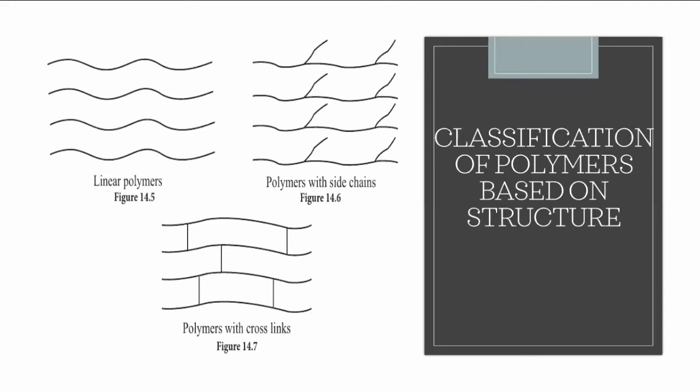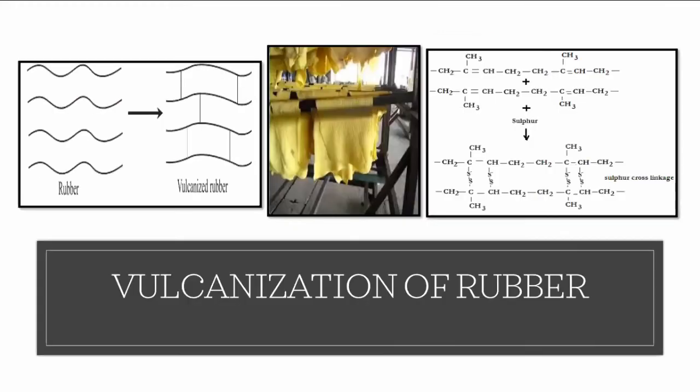Now let's look at a polymer with crosslinks. Rubber is naturally elastic, but certain applications of rubber require it to be hard and less elastic. Vulcanization is the process in which rubber is made hard while decreasing its elasticity, thereby improving its physical properties.